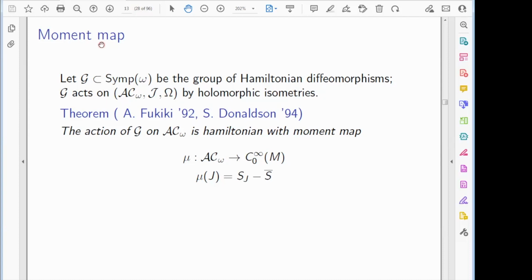So here this is an equality if the first de Rham cohomology is 0. But if H1, the first de Rham cohomology, is not 0, then this will be a proper subgroup.